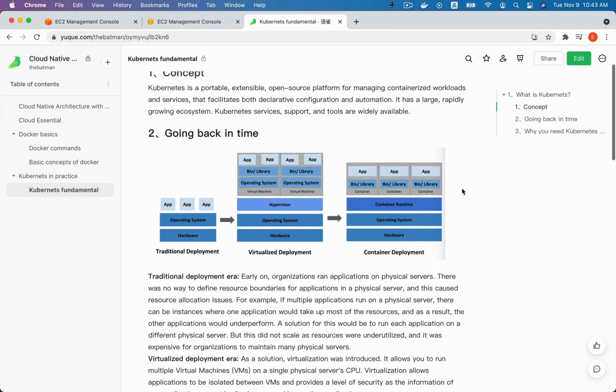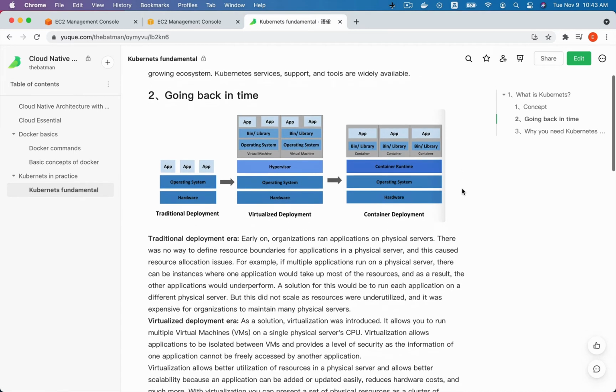And second, we go to application deployment. First, we can see the picture on the left. This is the traditional deployment. In traditional deployment, organizations run applications on physical servers.